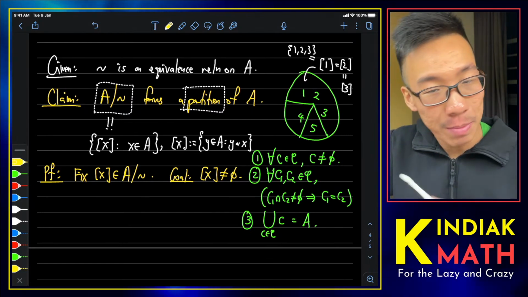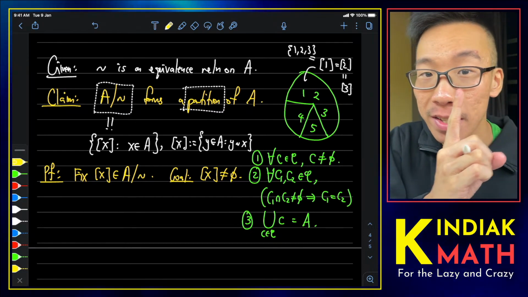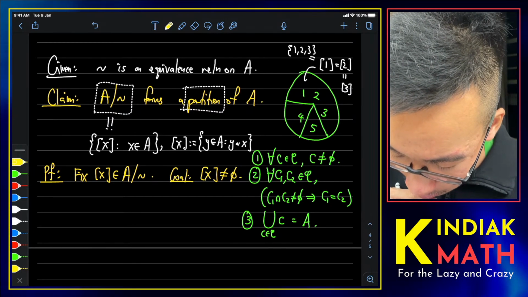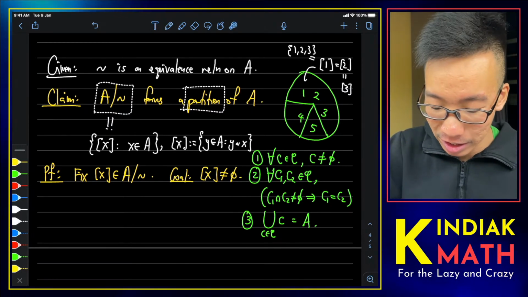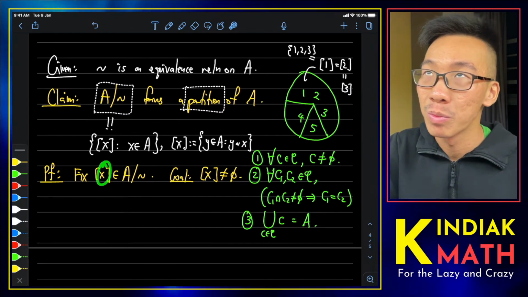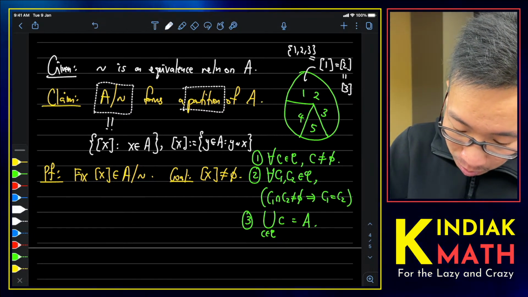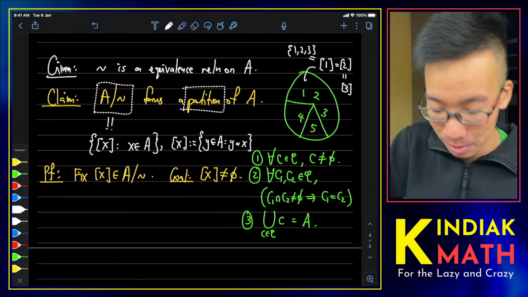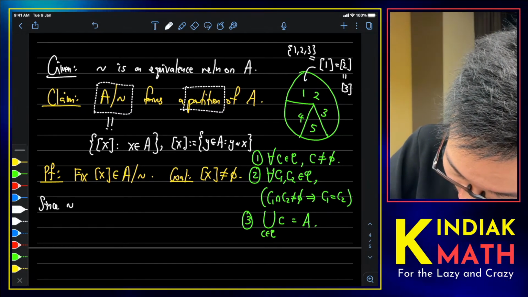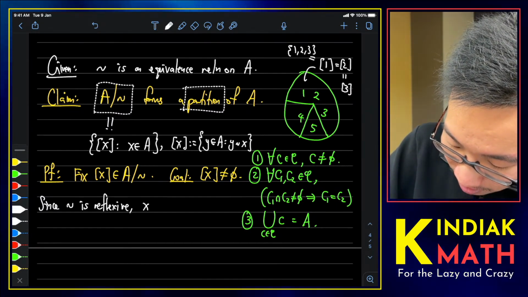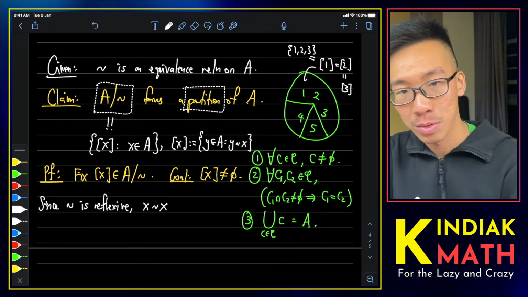So what does it mean? We need to find at least one element that belongs inside this particular equivalence class. Well, which element will be related to X? Well, tilde is reflexive, so X must be related to X, right? So since tilde is reflexive, X tilde X holds.